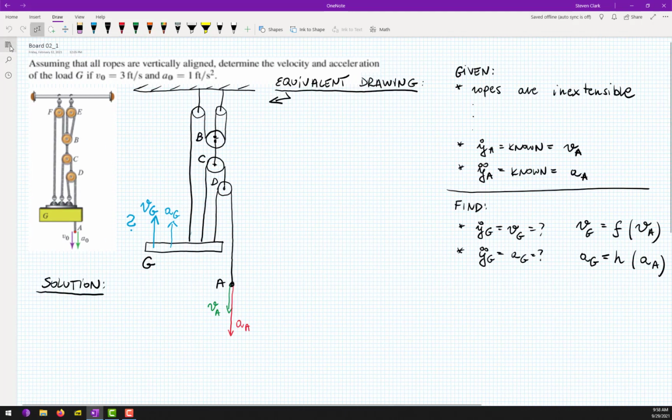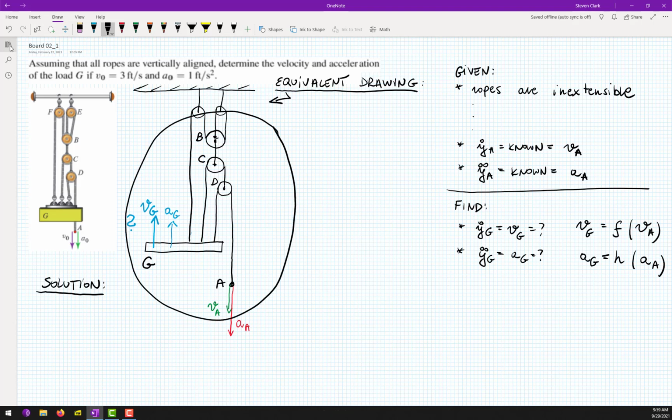As usual, please familiarize yourself with the problem statement before we start our solution. Okay, so what do we have here? We have our pulley system.